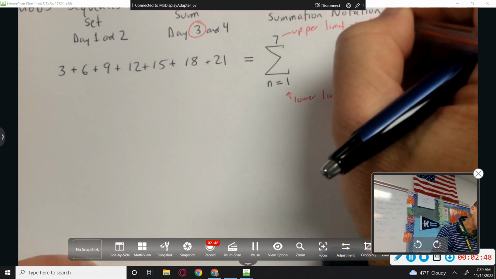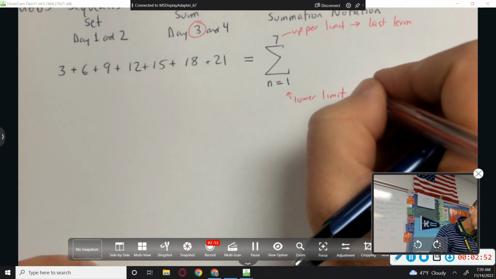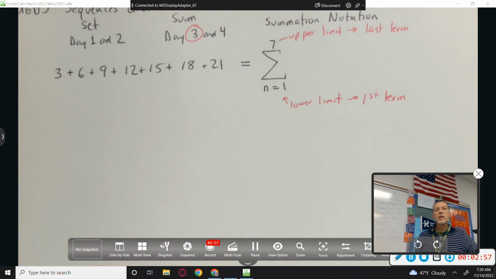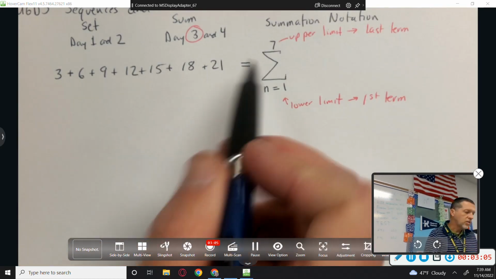That's our last term. Lower limit is the first term. So the sum from n equals 1 to 7. 1, 2, 3, 4, 5, 6, 7. There's 7 terms.